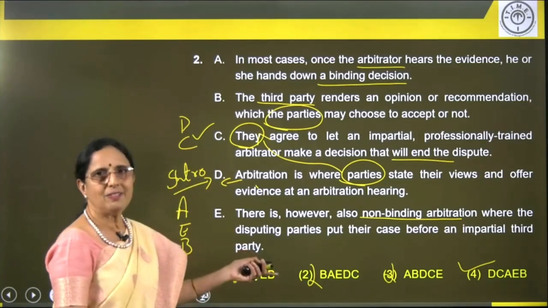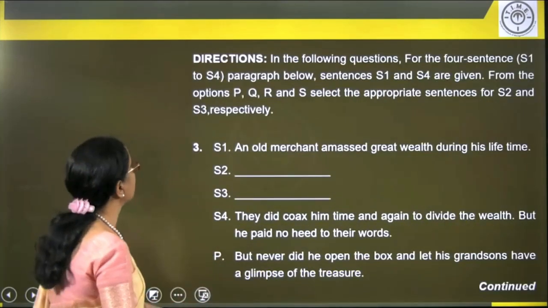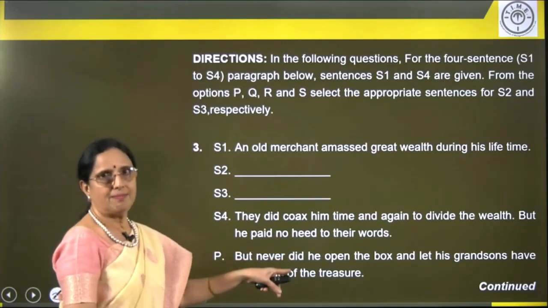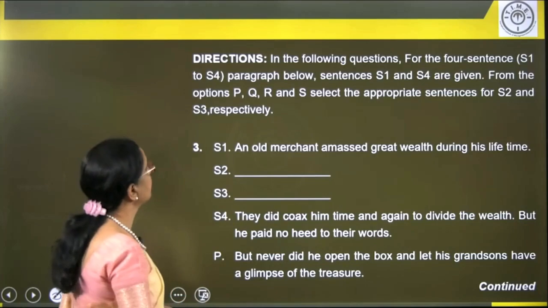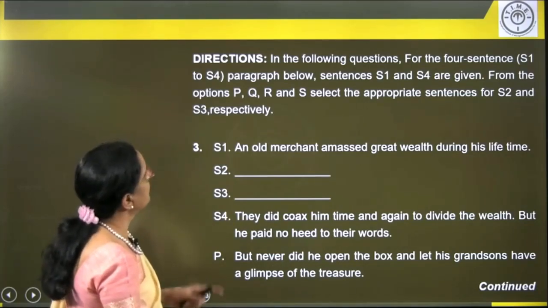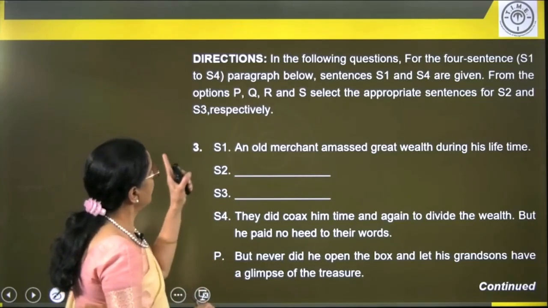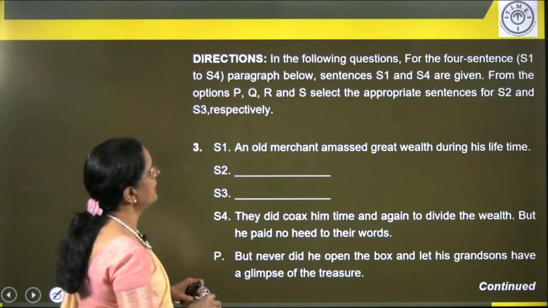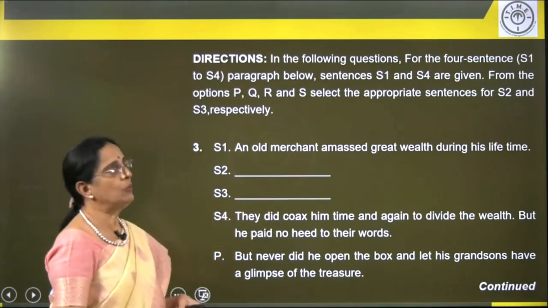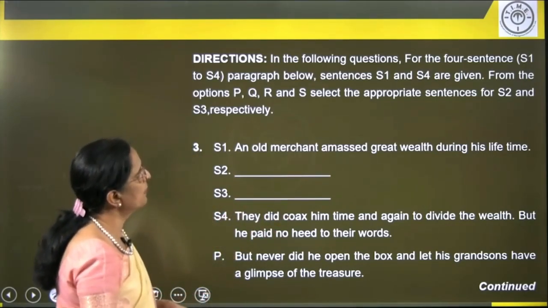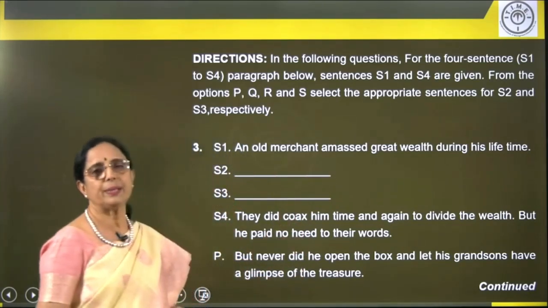This is comparatively easy, right? Simple and straight connections. Next one. Change in the model. This is a different model. Now let's read the directions. In the following questions, for the 4 sentences S1 to S4, sentences S1 and S4 are given, and from the options PQRS you select the appropriate sentences for S2 and S3 respectively.